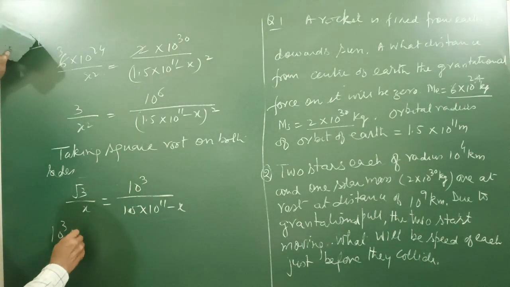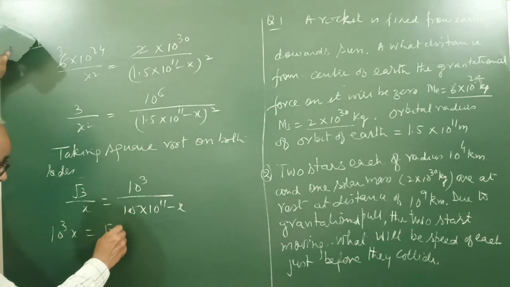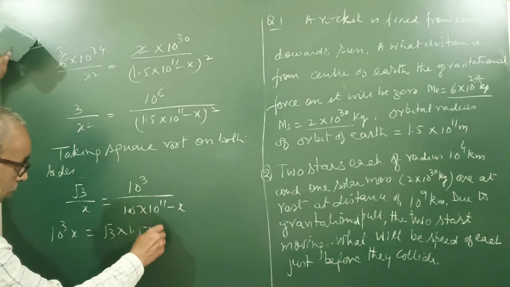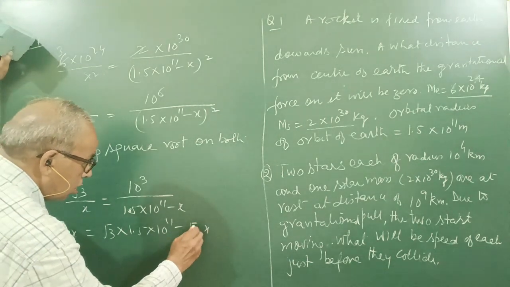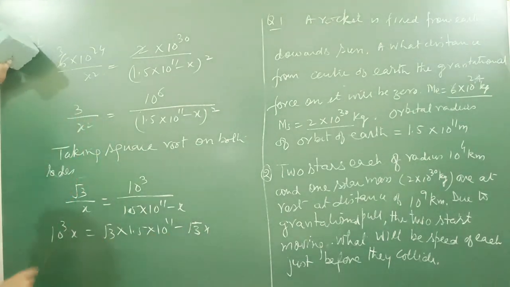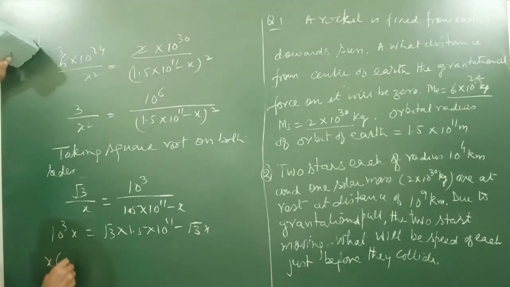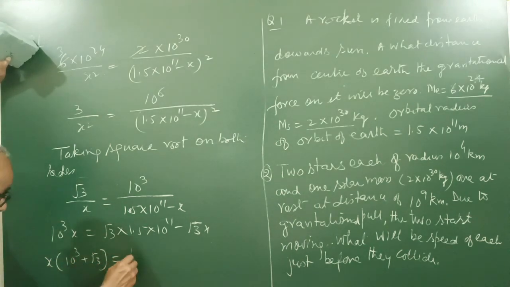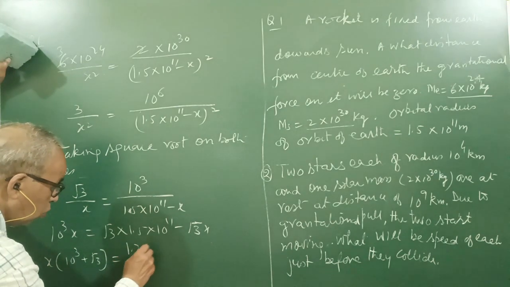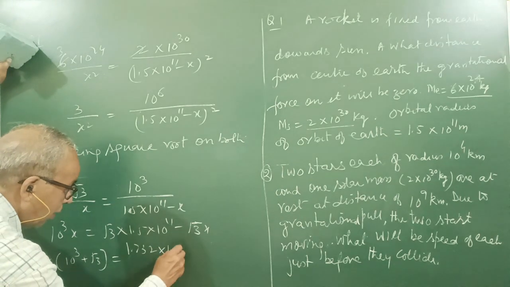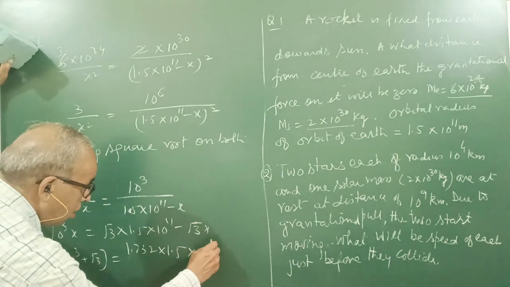10 to the power 3 x equals root 3 into 1.5 into 10 to the power 11 minus root 3 x. This root 3 x will be carried over, so it will be x into (10 to the power 3 plus root 3) equals root 3, you know the value 1.732, into 1.5 into 10 to the power 11.